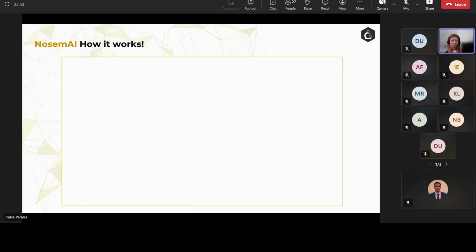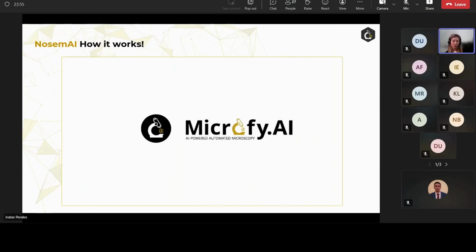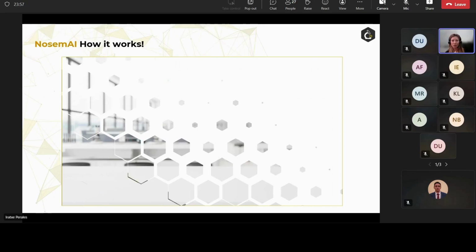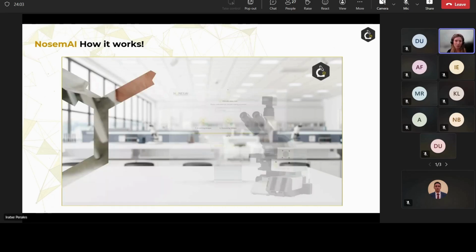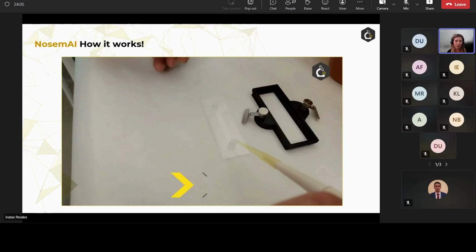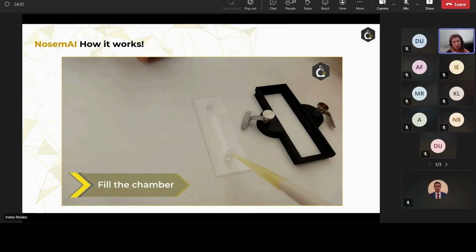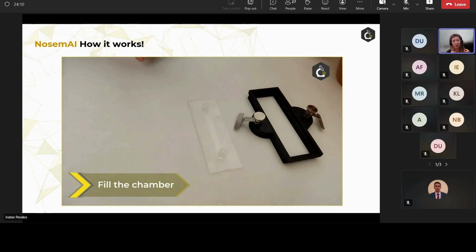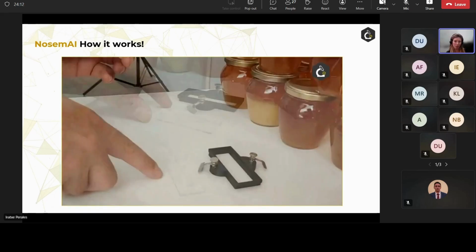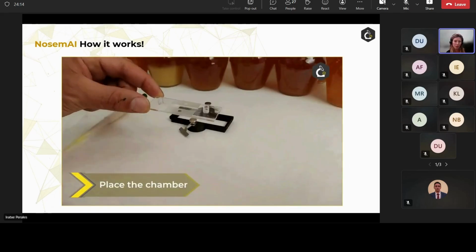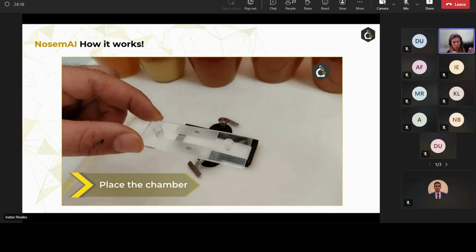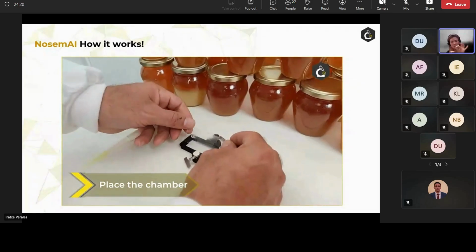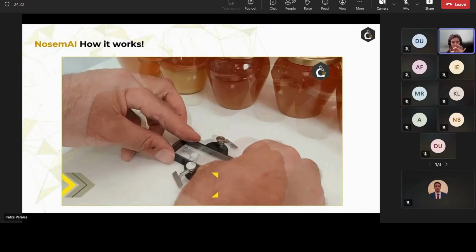Here is a video, it's only 10 minutes, but very brief, about how it works. Here you can see how the sample is prepared. This is the BD chamber. Once the bee sample has been prepared and filtered with the stomacher bag, then you put the sample in this specific channel.